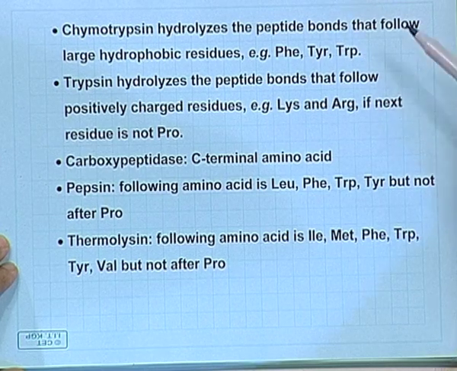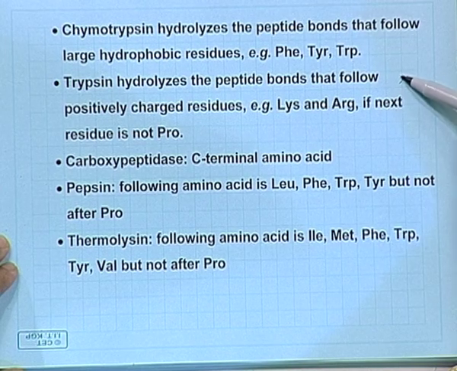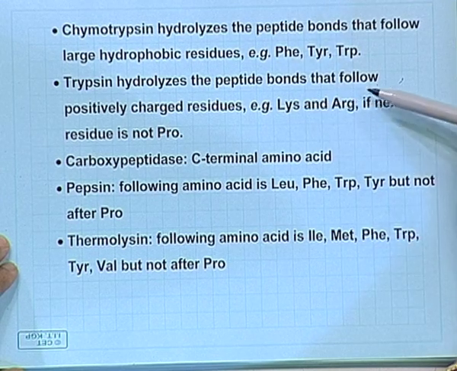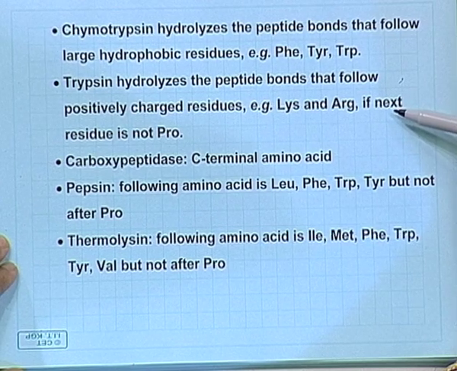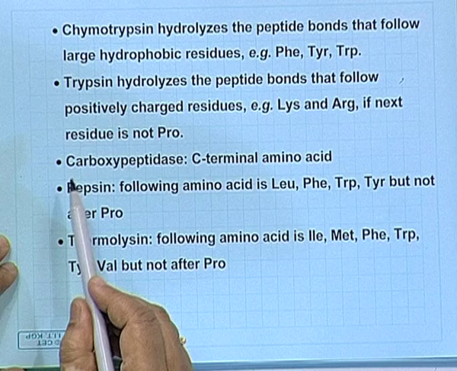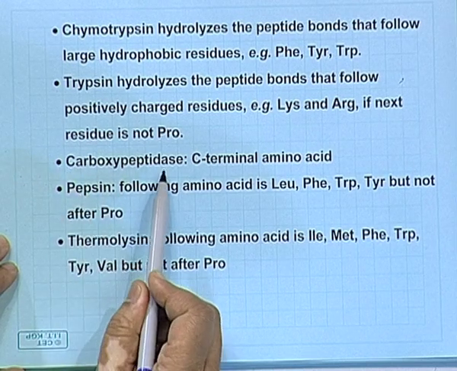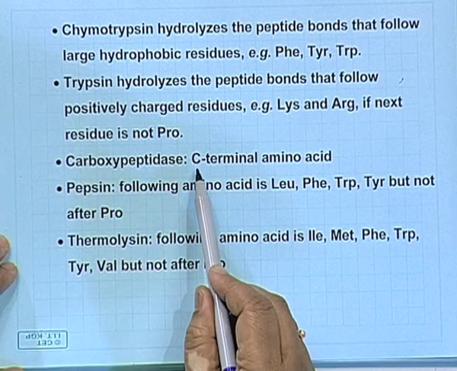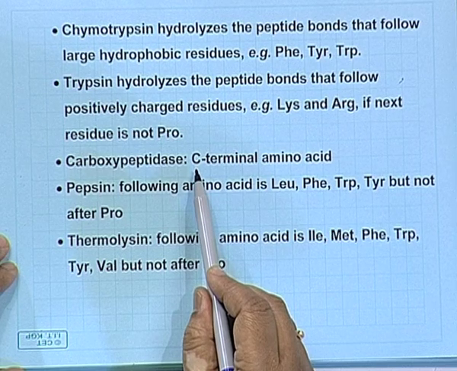We need to know that trypsin will hydrolyze peptide bonds that follow positively charged residues, that is lysine and arginine, if the next residue is not proline. Another enzyme, carboxypeptidase, will tell us what the C-terminal amino acid is.